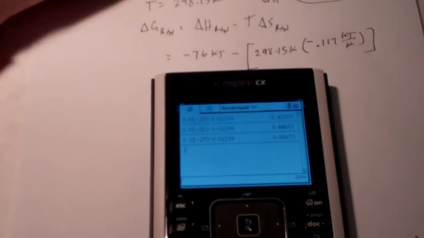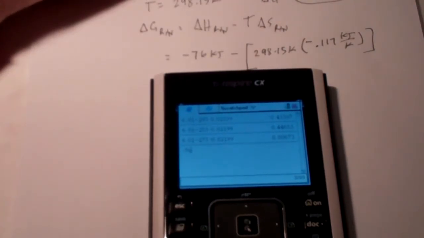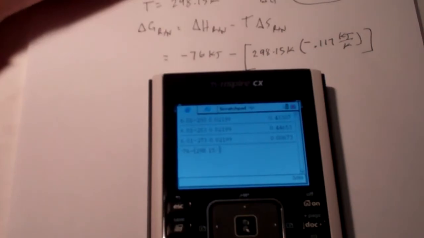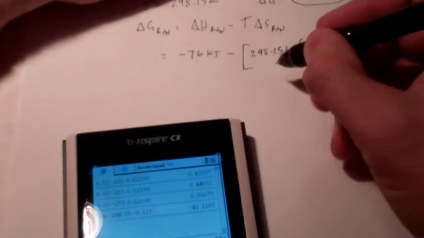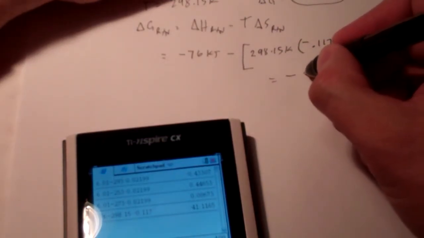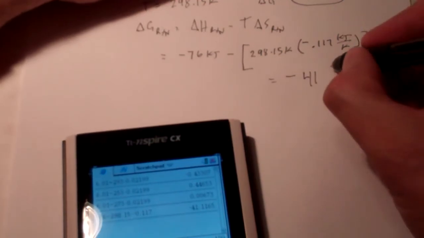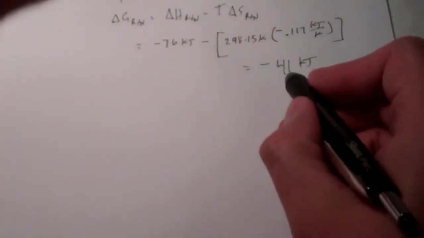We have a negative 76 minus, our parentheses key again, 298.15 times a negative 0.117. And I end up with a negative, looks like I'm only allowed to go to the nearest whole number here, negative 41 kilojoules.